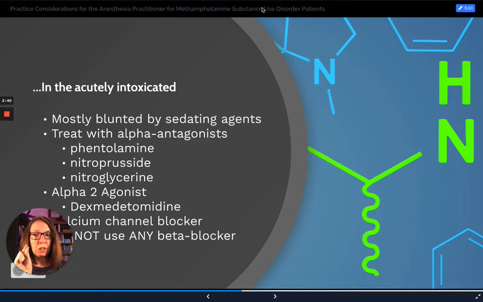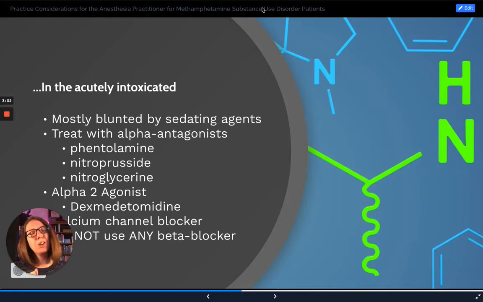I'm going to put a little addendum note here. There is an author, Dr. John Richards, out of UC Davis, and he has several papers that have been published saying that he has been using beta blockers for treatment of hypertension and tachycardia in their methamphetamine substance use disorder patients in the ER. I did reach out to Dr. Richards, but he has not gotten back to me.